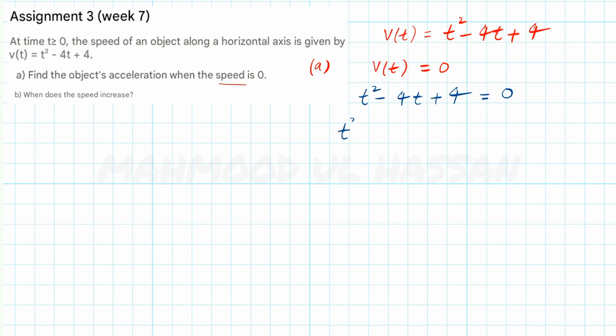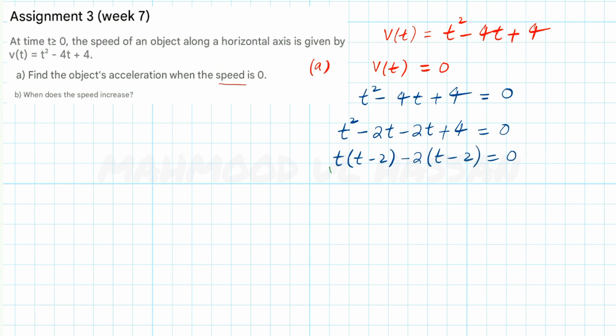So that is going to be t squared, and for the middle term, the product is 4 and the sum is negative 4. So what will we do? We write minus 2t minus 2t and plus 4 equal 0. So we take t common from the first two terms, so that would become t minus 2. We take negative 2 as common, so that would become t minus 2 again equal 0.